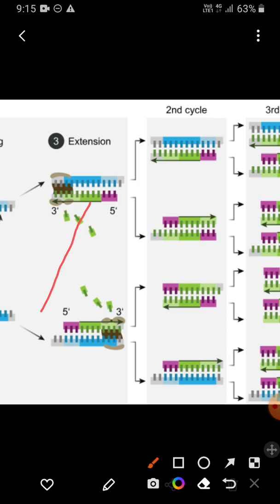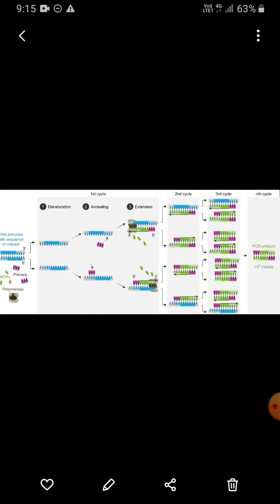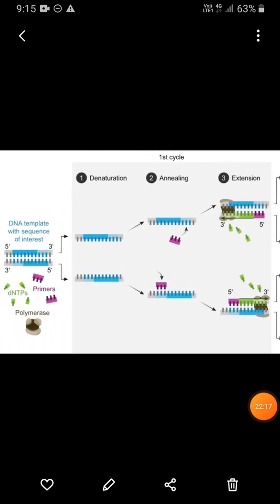Then it will simply extend the 3' OH group provided by the primer and synthesize a newly formed double stranded DNA molecule. Okay, now as you can see, it is a 3-step PCR, right?